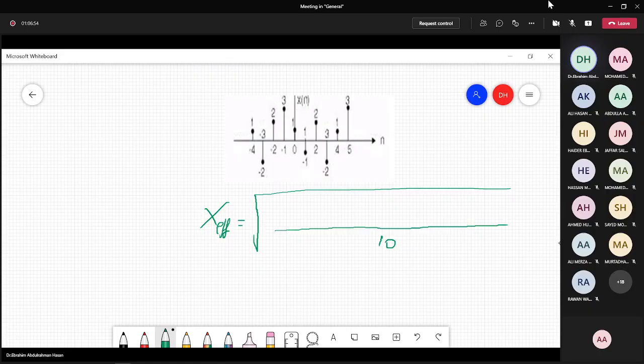So here we have 1 square, which is 1, plus minus 2 square, 4, 2 square, 4, 3 square, 9, 1 square, 1.